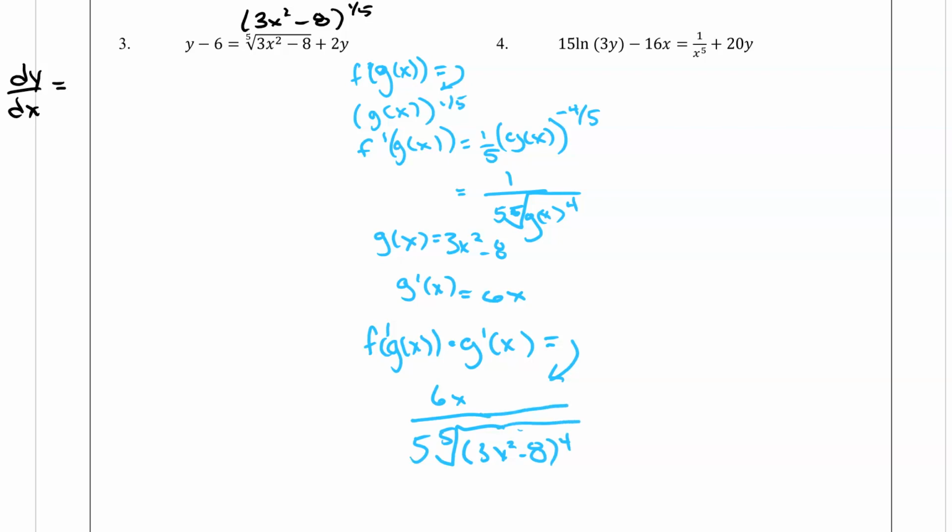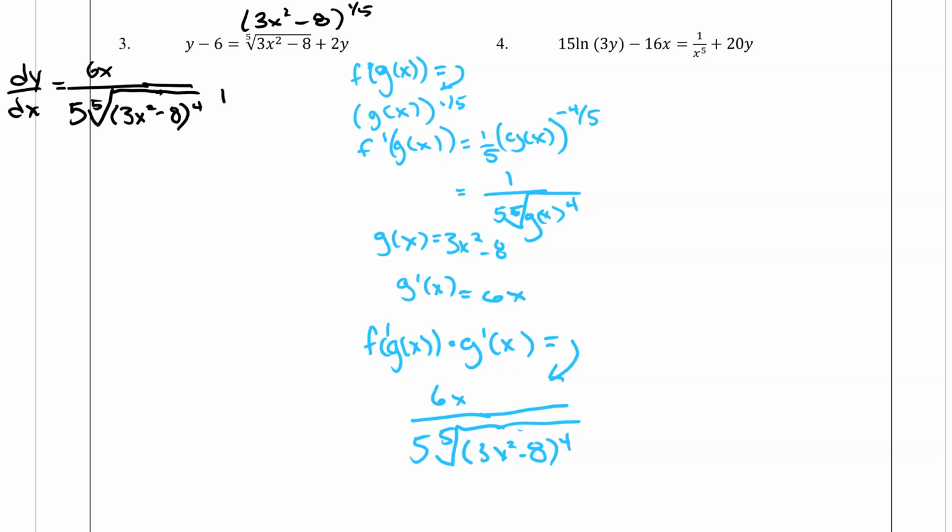All right, so we're going to go ahead and put that into our expression here, where we would have had 3x squared minus 8 to the 1/5. So that goes here. 6x over 5 times the 5th root of 3x squared minus 8 to the 4th.